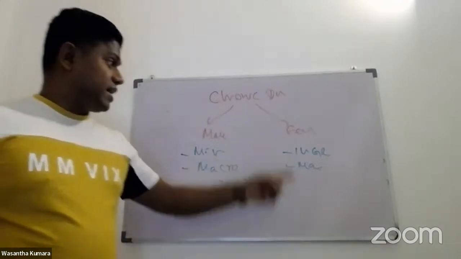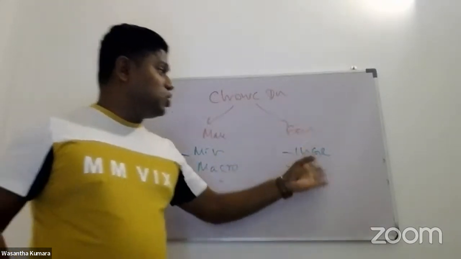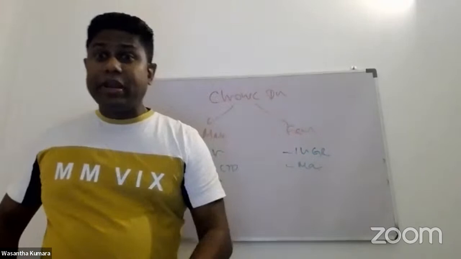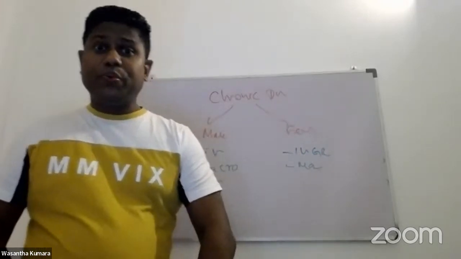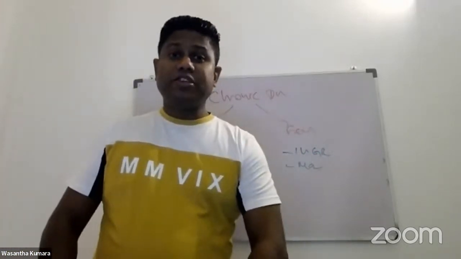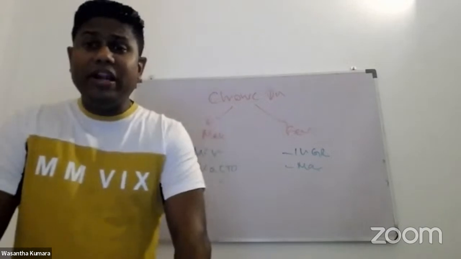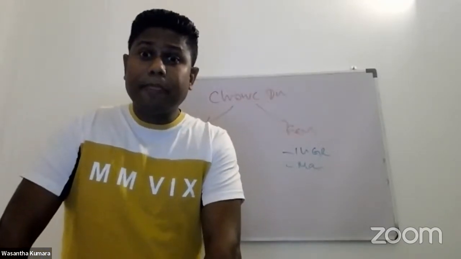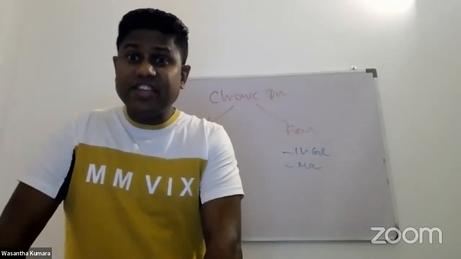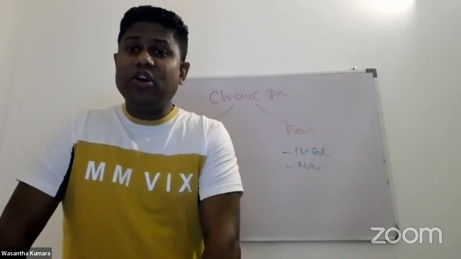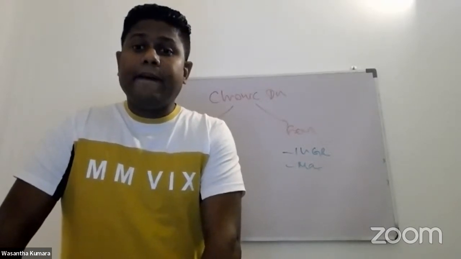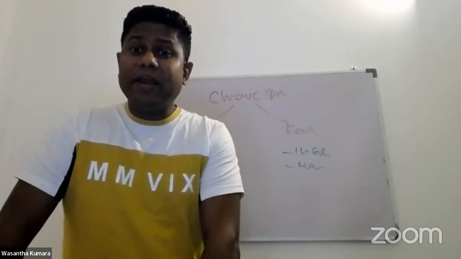All those complications can come. When you come to the second trimester, IUGR, macrosomia, and they are predisposed to preeclampsia also. Remember, they are predisposed to preeclampsia. Then, when you come to the delivery, if they are going for a normal delivery, there is a risk of shoulder dystocia, risk of cesarean section. After delivery also, there is a risk of postpartum hemorrhage.